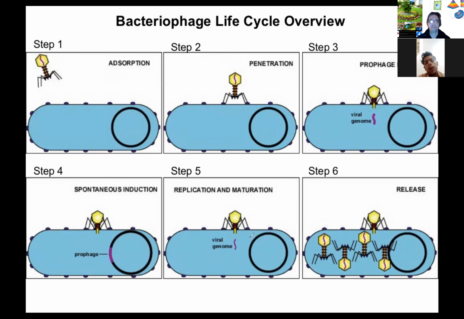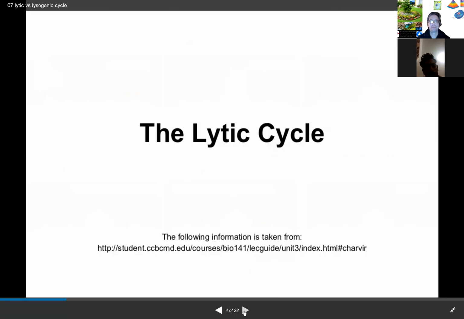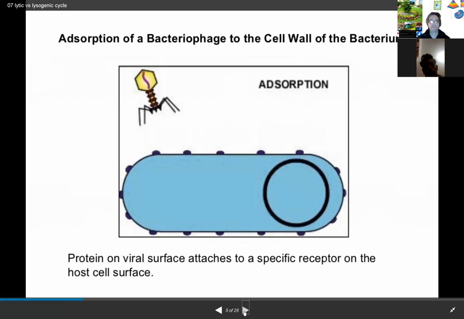There are two types of life cycle of bacteriophage. One is called the Lytic life cycle, and the other one is called the Lysogenic life cycle. First of all, we will explain the Lytic life cycle. The Lytic life cycle is also known as master and slave relationship. Before, we discussed the structure of bacteriophage. The bacteriophage size is 24 to 200 nanometers.